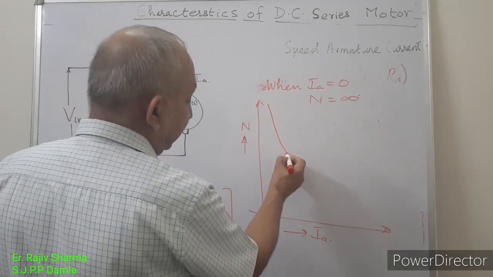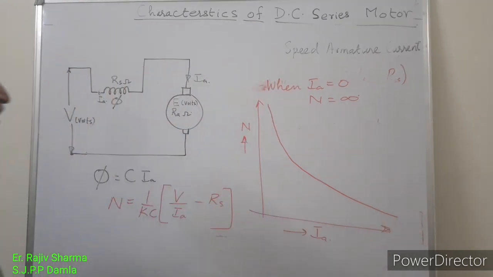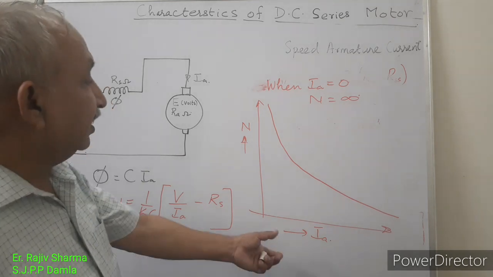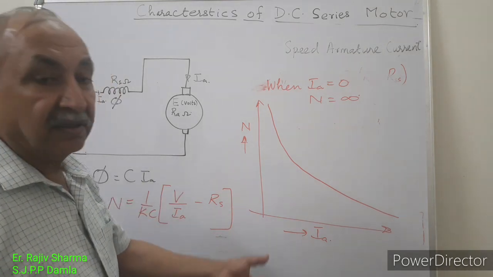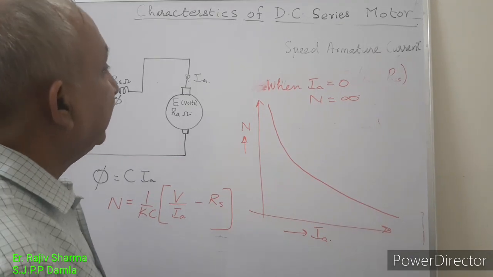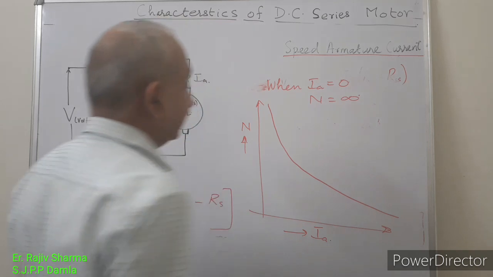As the value of Ia increases, there is steep fall in the speed. The starting torque is very high, but as the armature current increases, the speed drops rapidly. This is speed armature current characteristics.